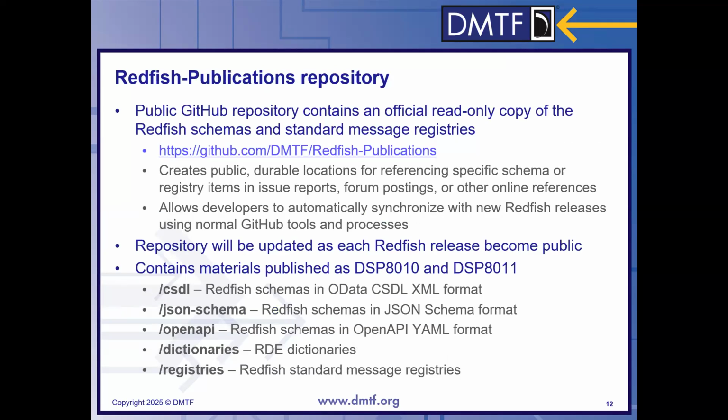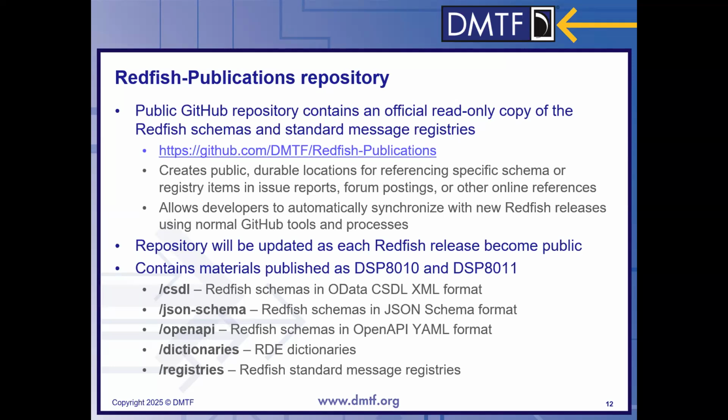And as a reminder, we also have our Redfish publications repository. So lately we've been taking our periodic releases, our schemas, registries, and we've been populating them into a hardened Redfish publications repo. So this gives you a public durable location to reference the latest schema and registry definitions.